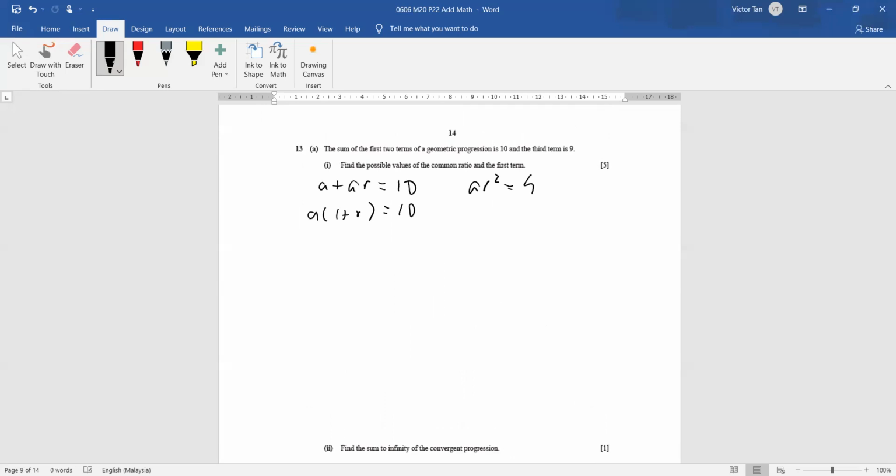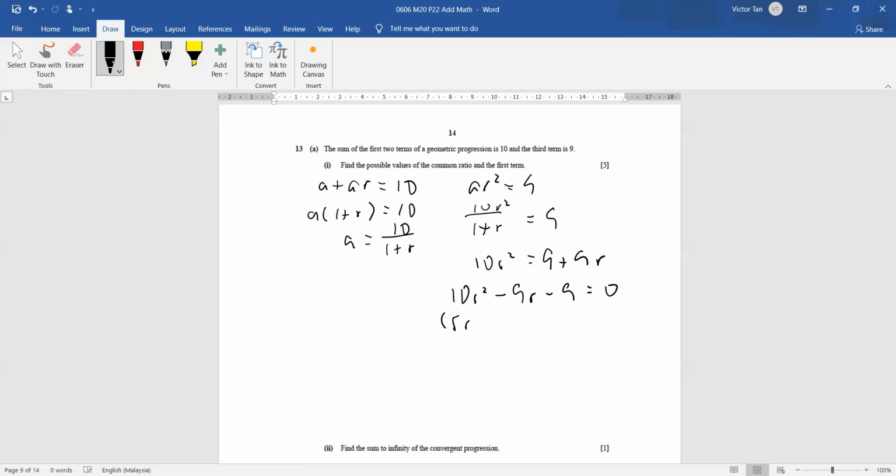Substituting a, 10 over 1 plus r, times r squared equals 9. 10r squared equals 9 plus 9r. 10r squared minus 9r minus 9 equals 0.